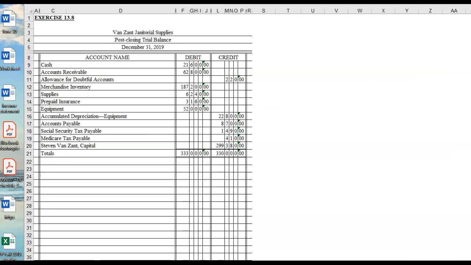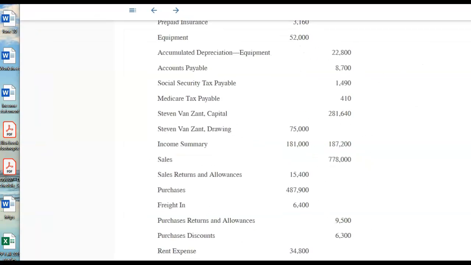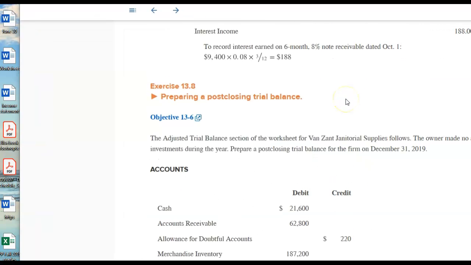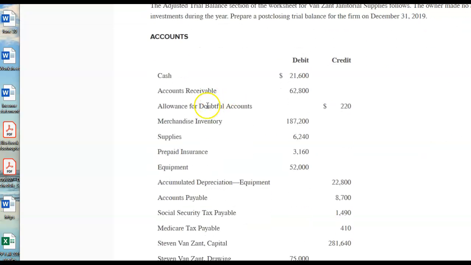Okay, I'm picking it up on exercise 13.8. 13.8 gives us these figures here. And it asks us to do a post-closing trial balance. So some of these accounts you can just carry over the amounts because post-closing, you know, are just the balance sheet accounts.